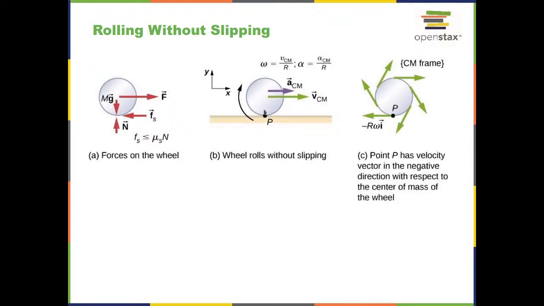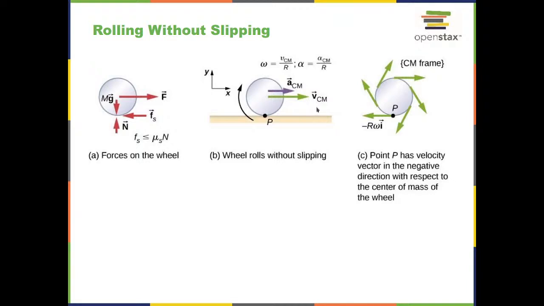Rolling without slipping means that this contact point is fixed. If we think of this contact point as being located on the wheel, that means that the combination of the center of mass velocity and the rotational velocity, the tangential velocity due to rotation in the center of mass frame, will have to be equal to the velocity of the ground, or in other words, equal to 0.